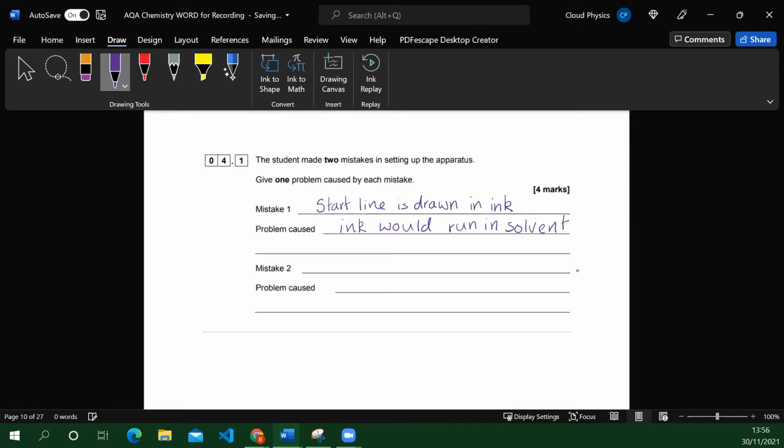Okay, and also water used as a solvent. Water used as solvent. So the problem caused is that the colours will not dissolve, from the flower.